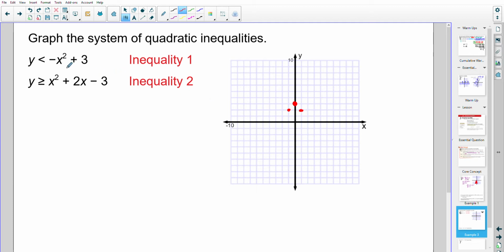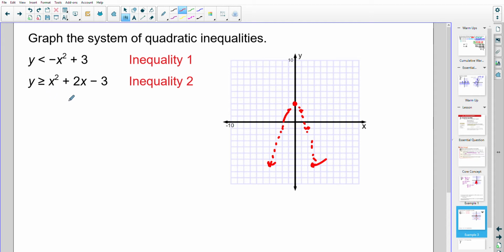And if I were to go to 2, it would be, let's see, negative 4, which is negative 1. So that means that it's going to be right here. And that's going to be the first inequality that gets graphed. And again, I'm showing some points there.